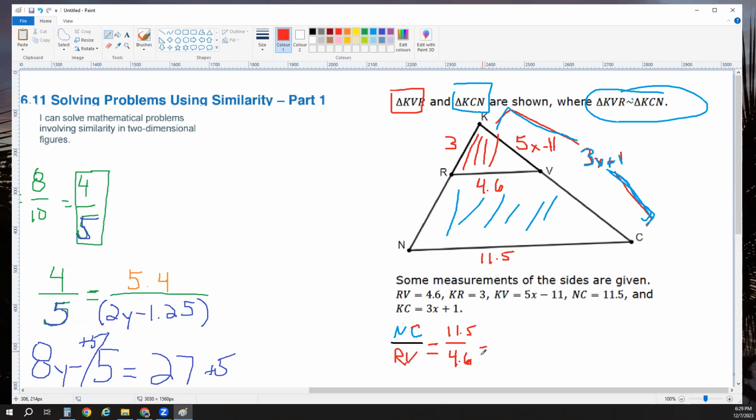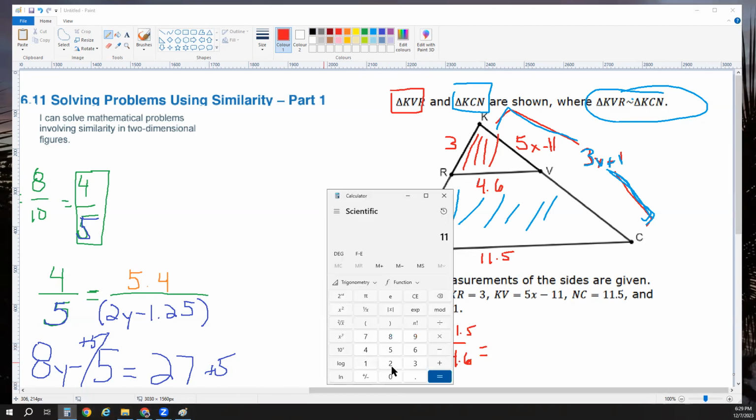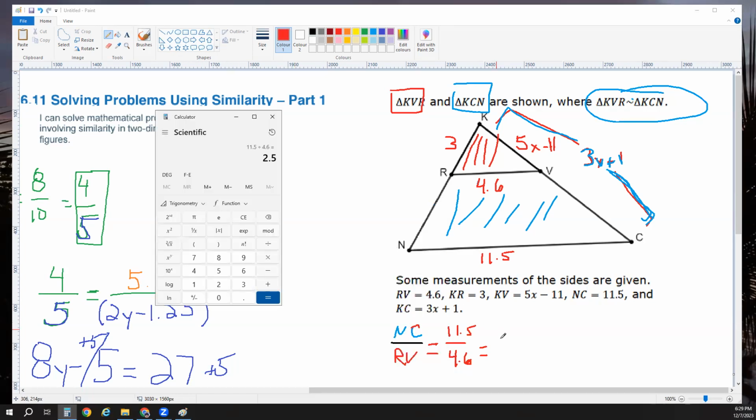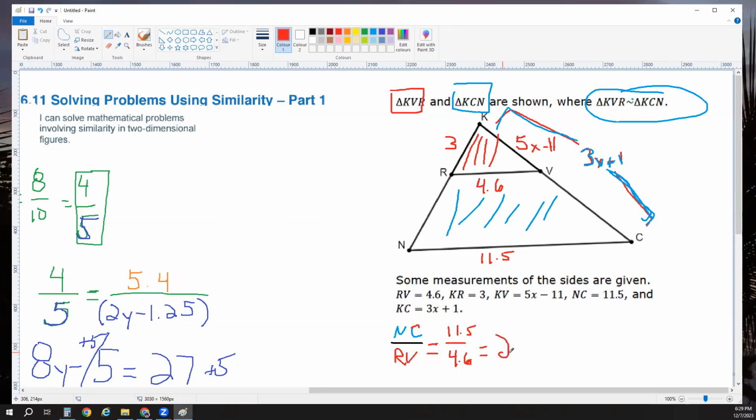That's going to give me the proportion. Now the proportion is going to be 11.5 divided by 4.6, and that's 2.5. That's a nice round number. That means that this big triangle is 2.5 times bigger than the small triangle.